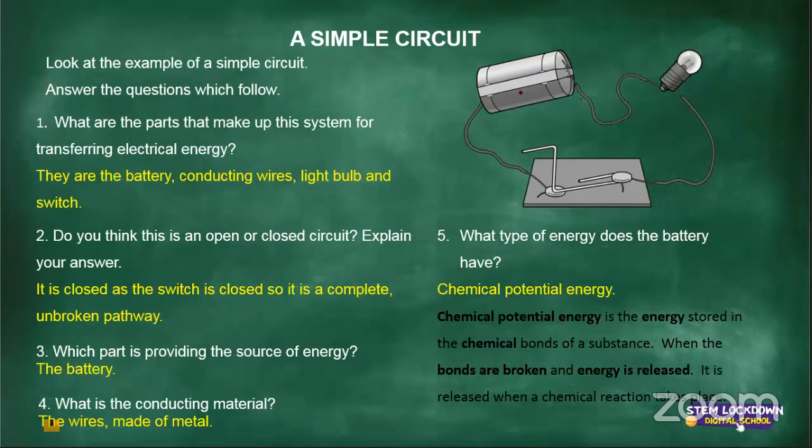So inside the battery, like I showed you earlier on in the earlier pictures, there were chemical bonds inside the battery. So now when these bonds are broken and the energy is released, we say a chemical reaction takes place. So those free electrons are moving from the negative to the positive, and it is traveling to light up the light bulb.